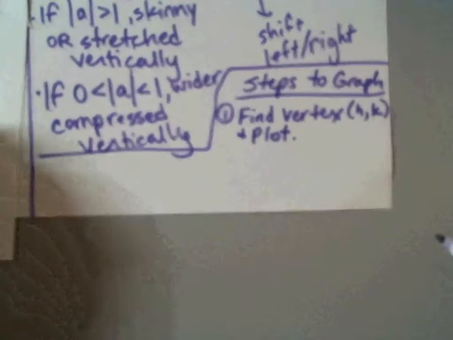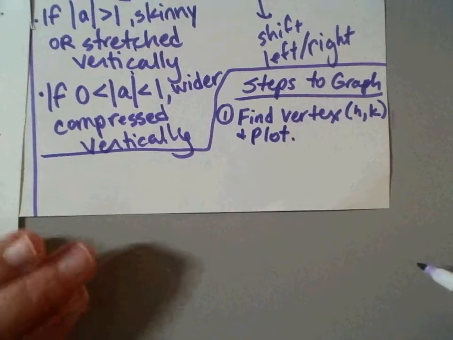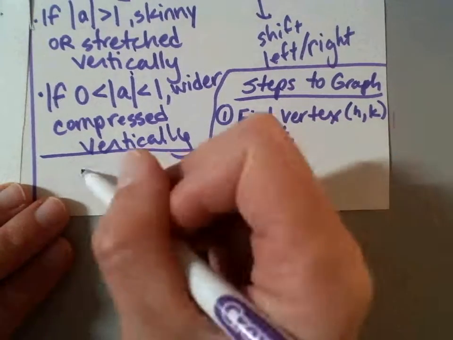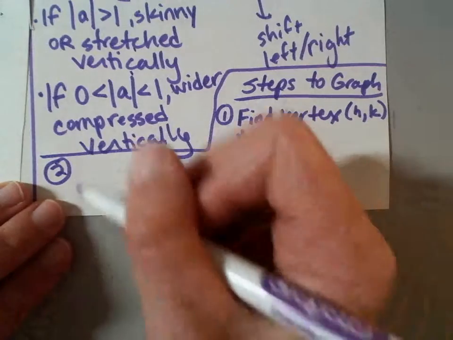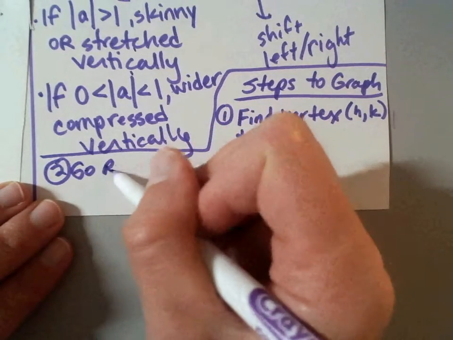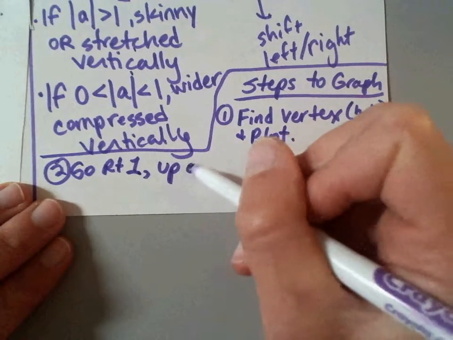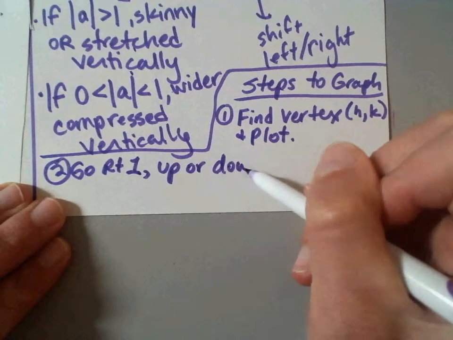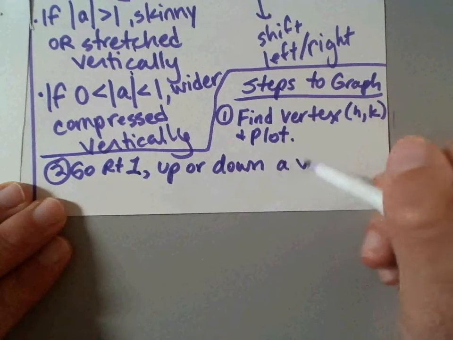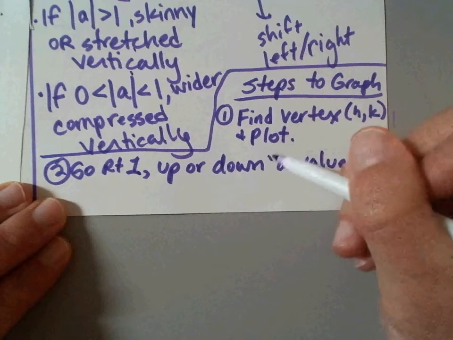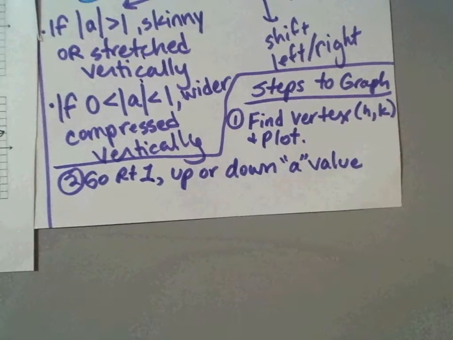All right, after you have a dot down for the vertex, step number 2 is you go right 1 and then up or down your A value. You go over 1, which means right 1, and then up or down A. So if A is 5, I go over 1, up 5.